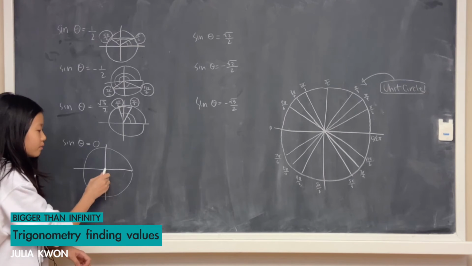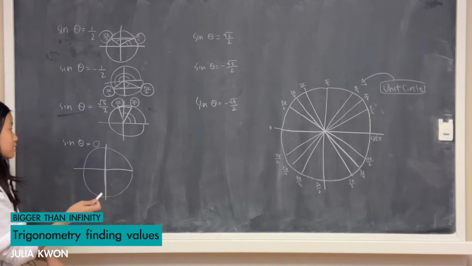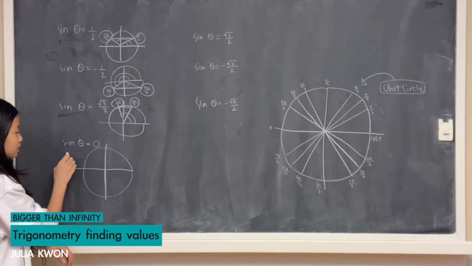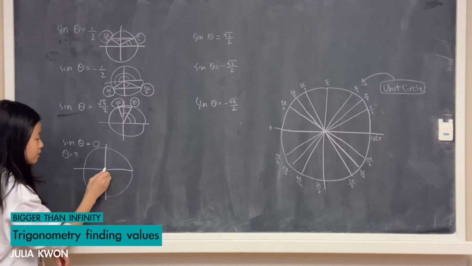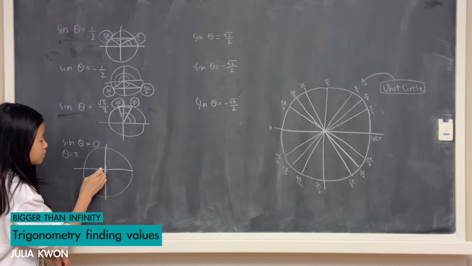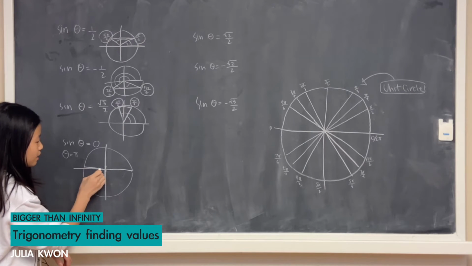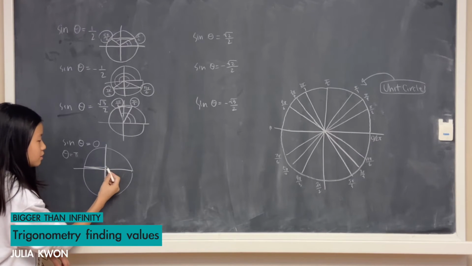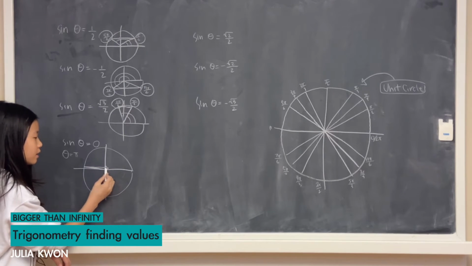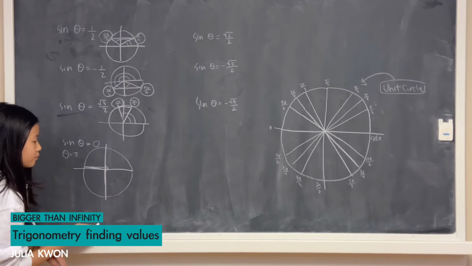So let's say theta is equal to pi, which it is, but you don't know that. If we get just really close to pi, then what would this length be here? Probably kind of close to 0, right?